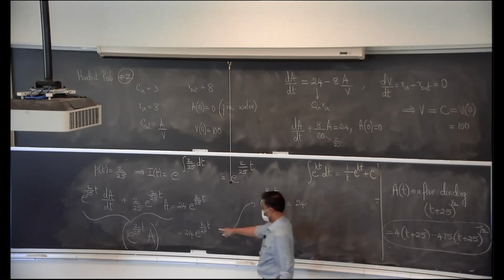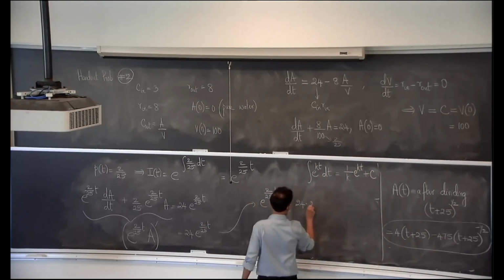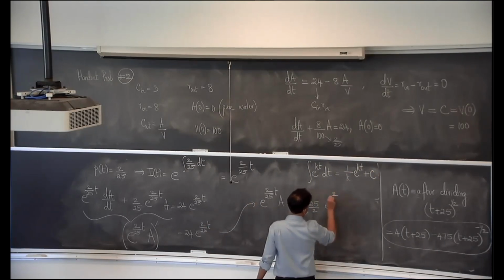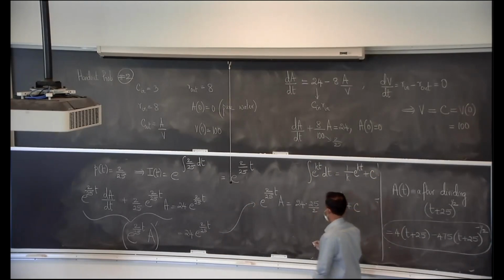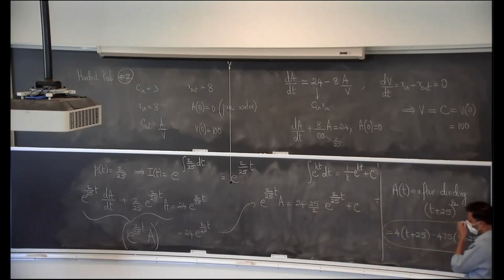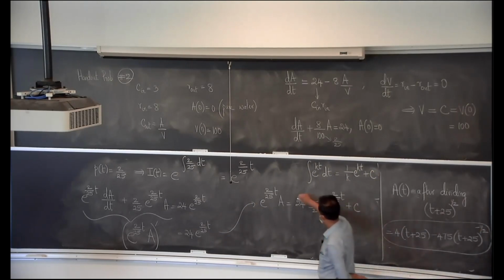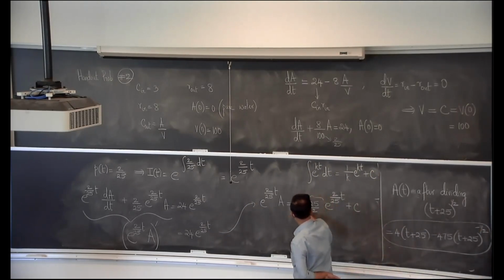Here k is 2 over 25, so when you flip it over, it becomes 25 over 2. And this is equal to 300.